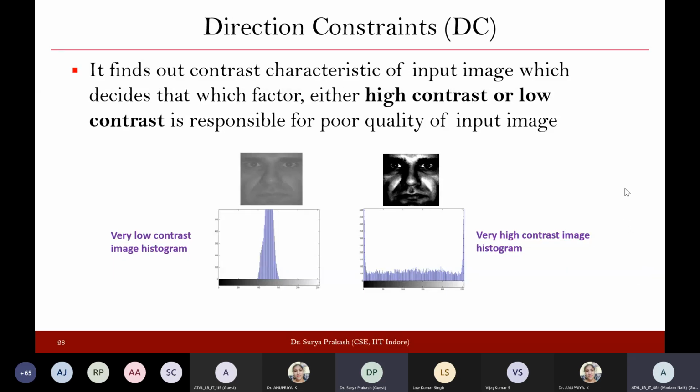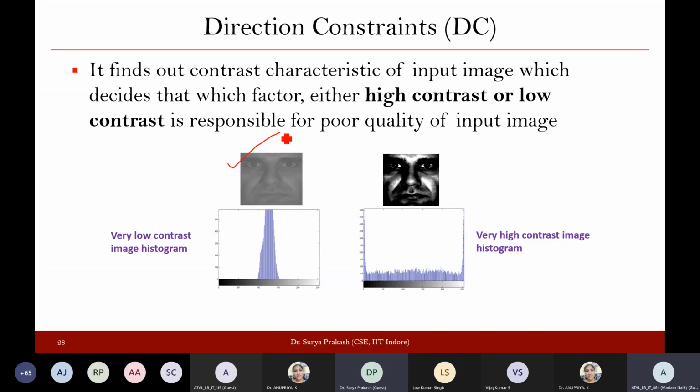As I already explained, whenever you have a good contrast image, your histogram is uniformly distributed across the gray levels.